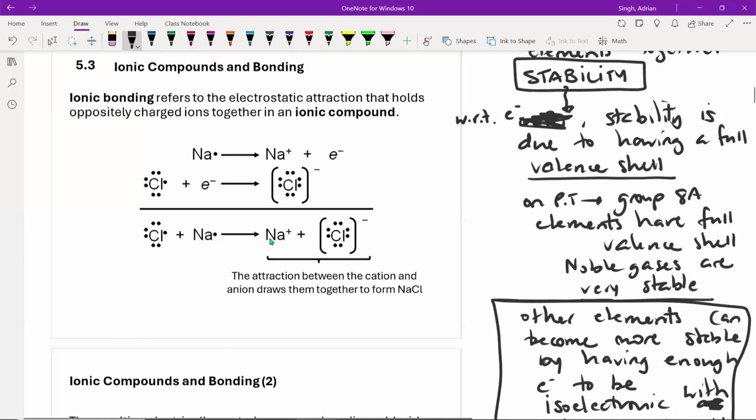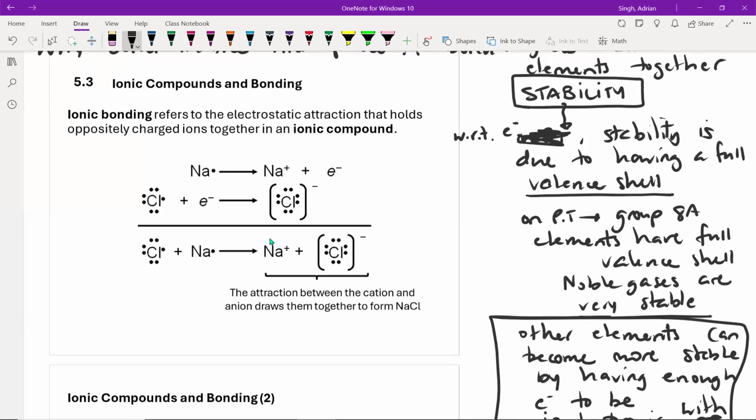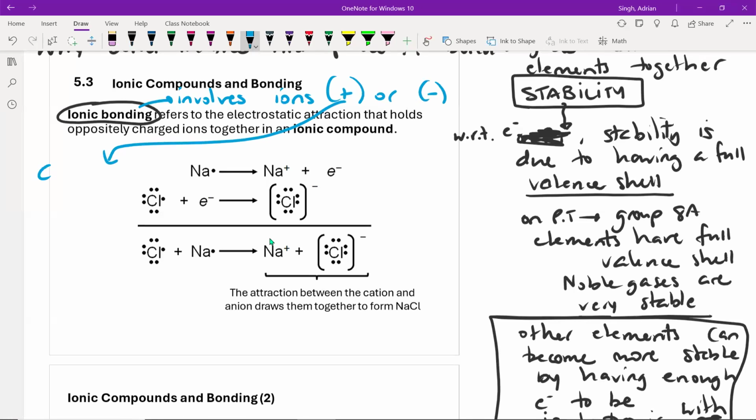So when it comes to ionic bonding, as the name suggests, it involves ions. And ions we've seen can be positive or negative. Positive ions we refer to as cations. Negative ions we refer to as anions.